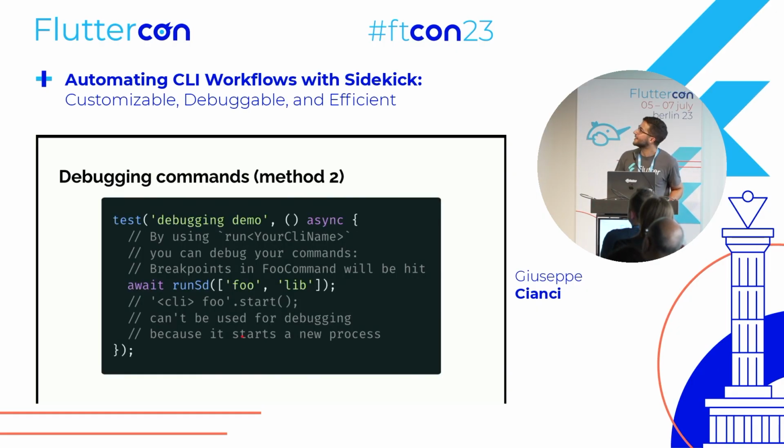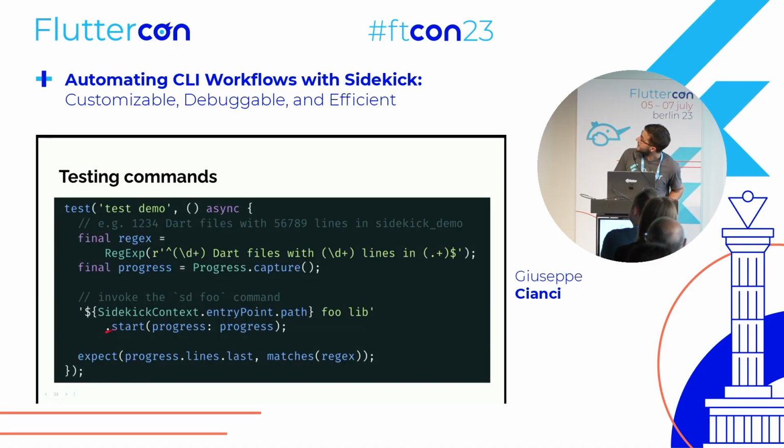Another method I like to use for debugging is adding a test and calling your CLI's run method. So in my case, the CLI is called SD, so the run method is called runSd. And I can also pass the command name here and all the other parameters in the list. And this way, it will also hit your breakpoints in the code. If you remember earlier, in the other test, we didn't use the run method, but we used basically a string, the command we want to execute, and then .start on it.